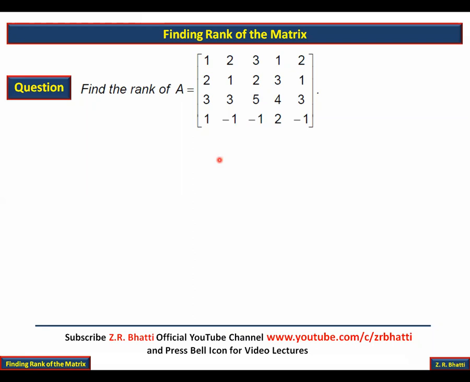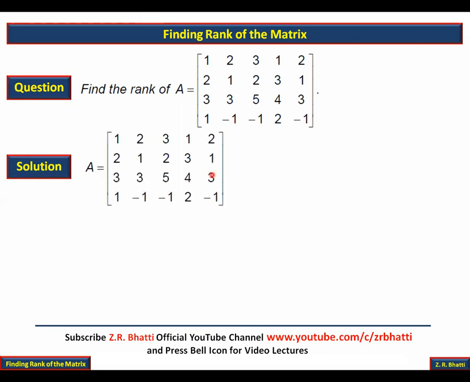The number of non-zero rows in the echelon form of a matrix is said to be the rank of that matrix. First of all, we convert the given matrix A into echelon form, and then we will count the number of non-zero rows.